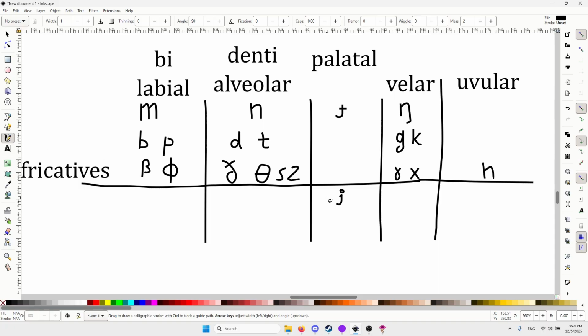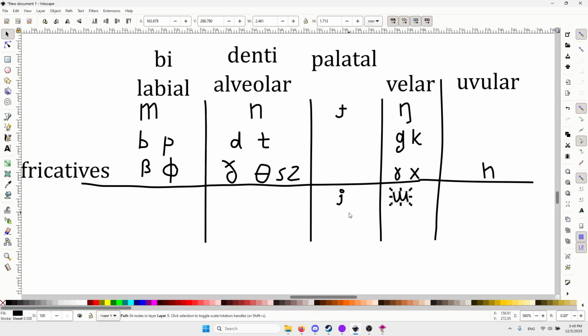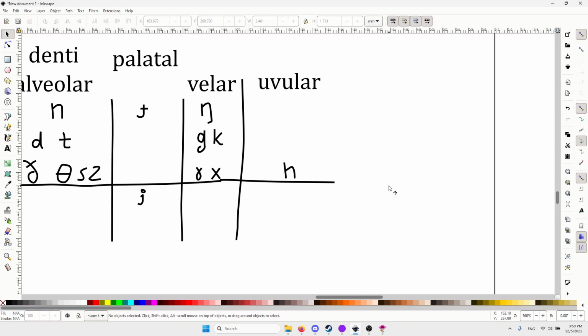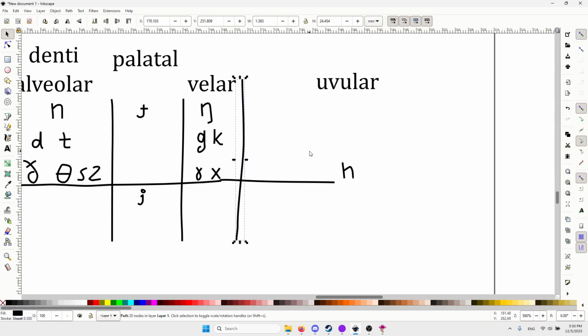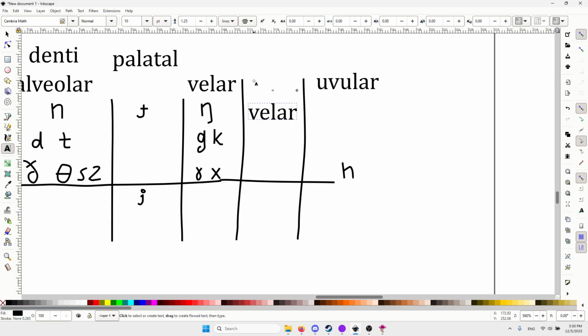And we have a velar approximant, which is, I believe, written something like this, unless that's a different thing. But in any case, it's almost always rounded. So we can actually add another category, which is the labiovelar. And the labiovelar are pronounced with rounded lips.